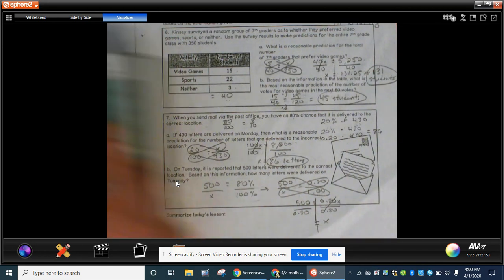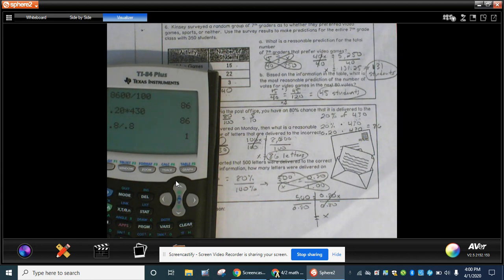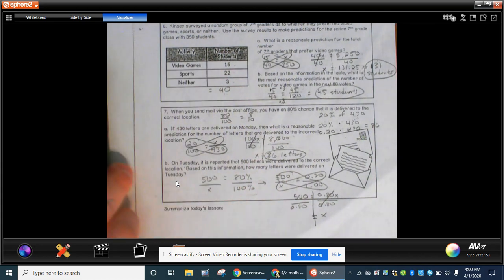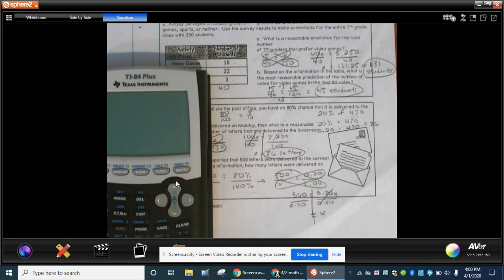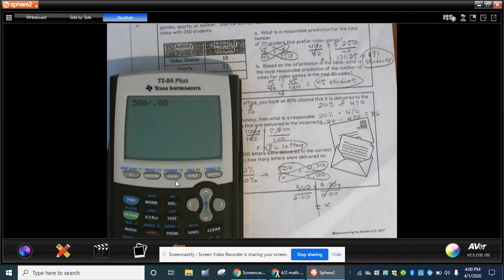I will show you that to make sure you know that 0.8 divided by 0.8 is 1. So now we have to figure out what 500 divided by 0.80 is. That's 625.